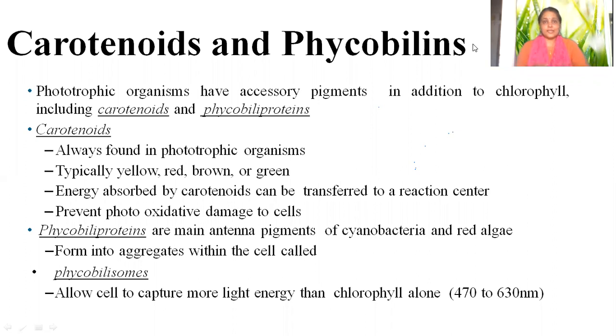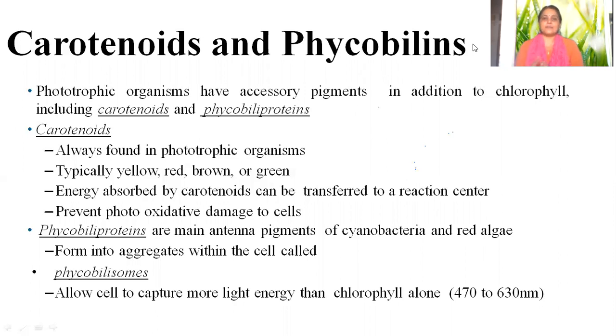As you know, chlorophyll A and B absorb at different wavelengths of light, and that wavelength is not available all the time. Sometimes it is very low, sometimes very high. So the role of accessory pigments is to provide the required photons during low or high intensity of light.